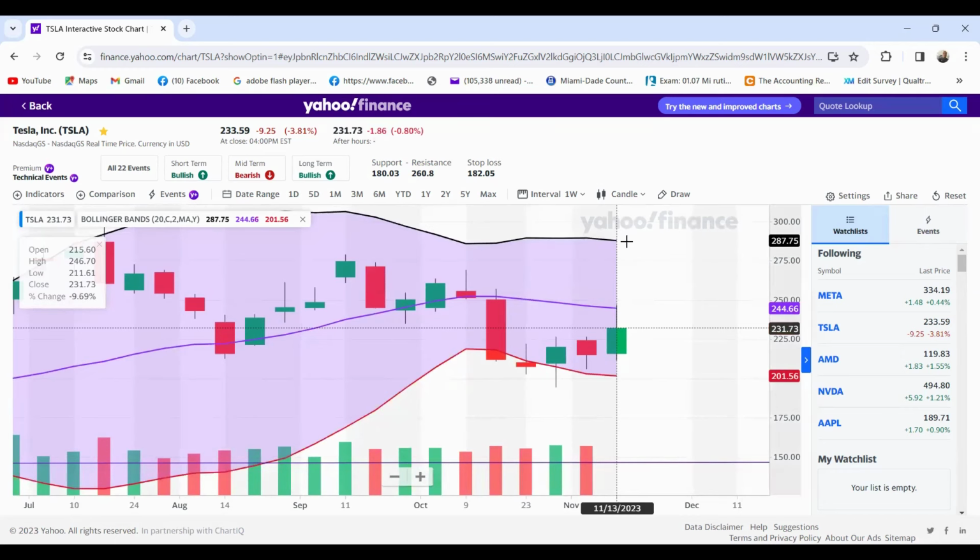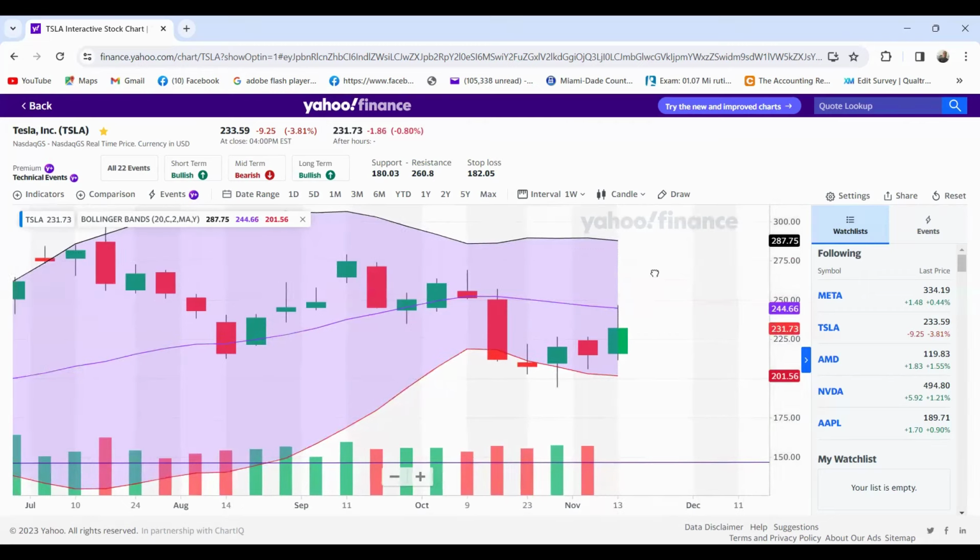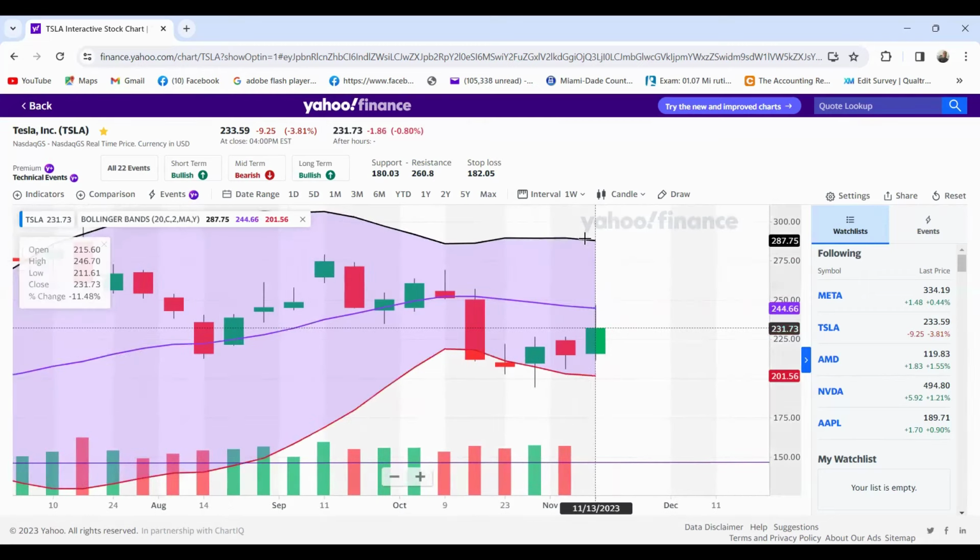So we know what the Bollinger Band really does. It shows you the overbought and oversold. It works whenever the price is over the upper level, which is the top here. We call that overbought. This is the black line, and this is the green candle. If the green candle is over here, I'm going to show you later, we call that overbought.